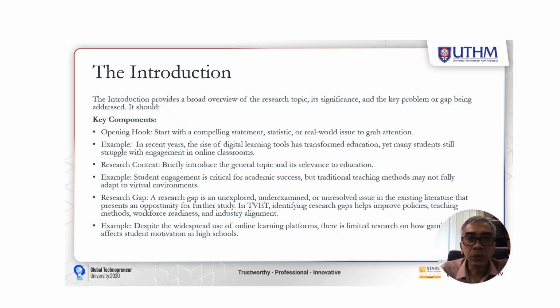This is critical because it shows the relevance of your study. For example, if previous studies show that blended learning improves engagement, but none examine cost effectiveness in rural areas, then that missing aspect becomes your gap. And the justification is, without this knowledge, policymakers cannot make informed decisions.